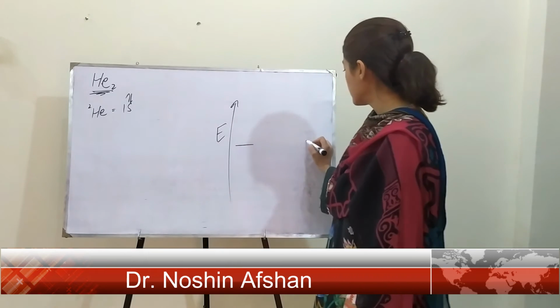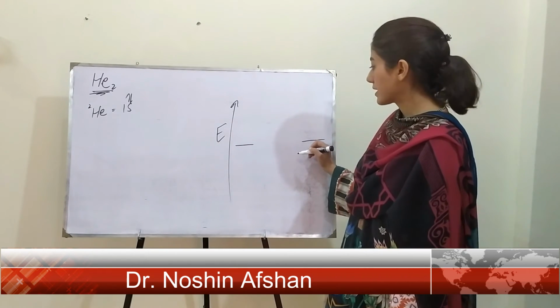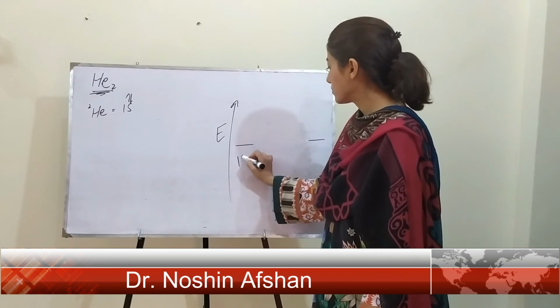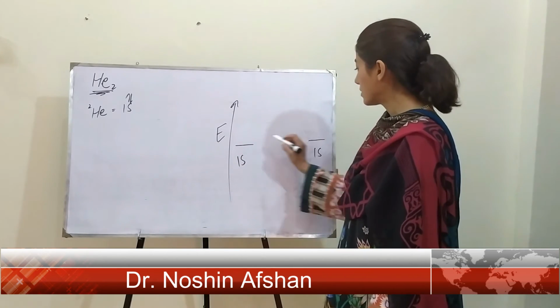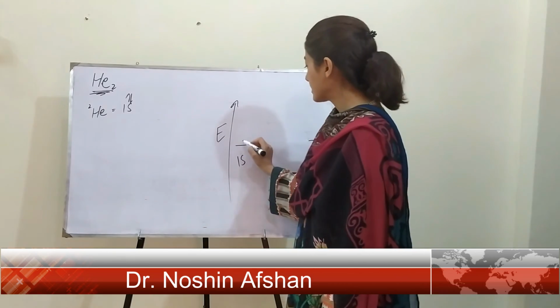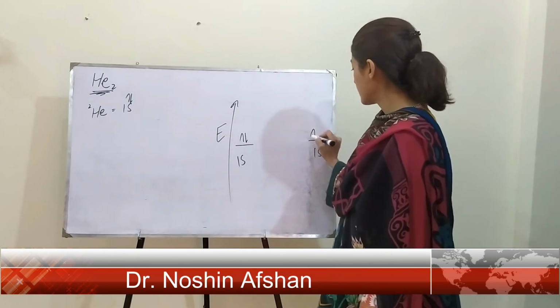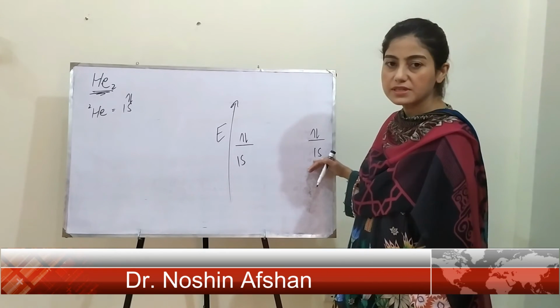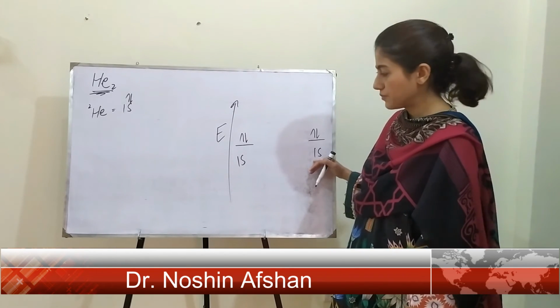So in this case we just draw a short line over here to show the 1s orbital. Here it is 1s orbital, it is also 1s orbital, as there are 2 electrons. So these are here. This is of 1 helium atom and this 1s orbital is of 2nd helium atom.